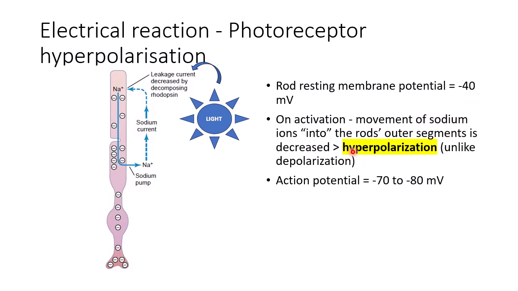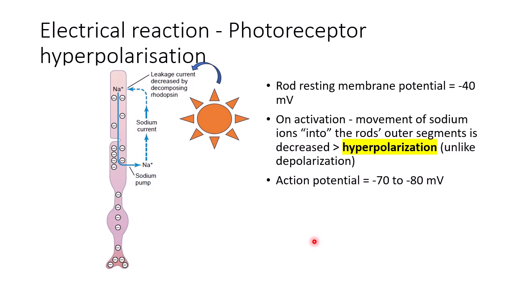This is known as hyperpolarization. So when activated, because of this decrease, the inside of the rod membrane becomes more negative, and that reaches about minus 70 to minus 80 millivolts. And that is the action potential.